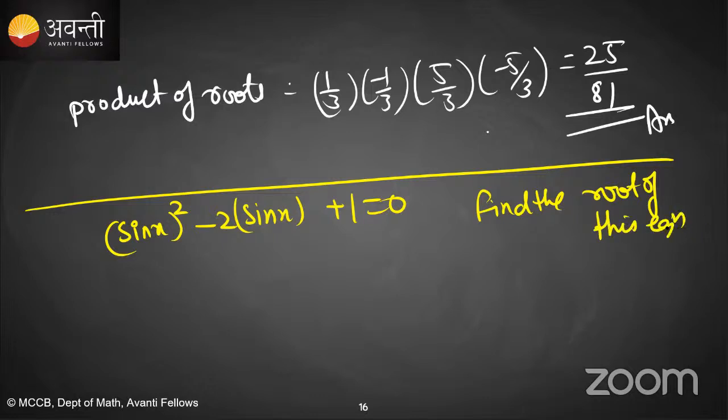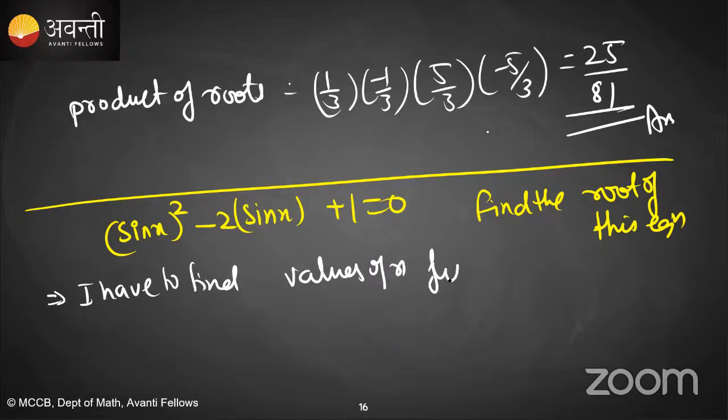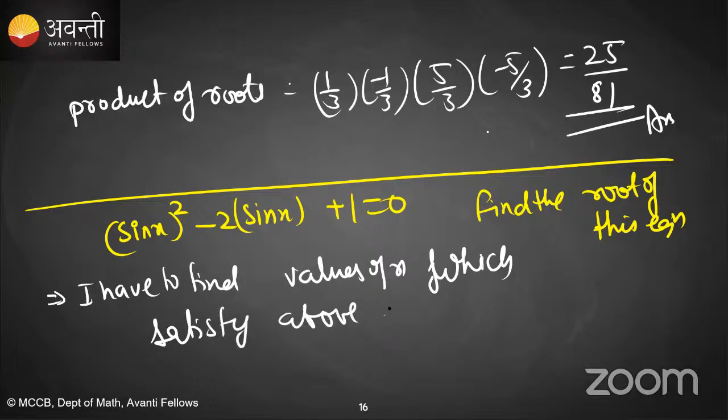This is a very simple question. So when I say find the root of this equation, it implies I have to find values of x which satisfy the above equation.